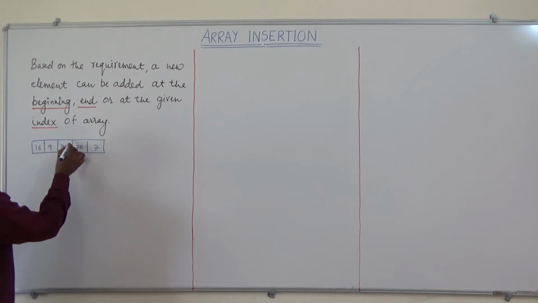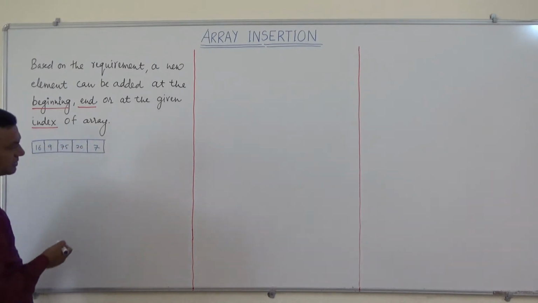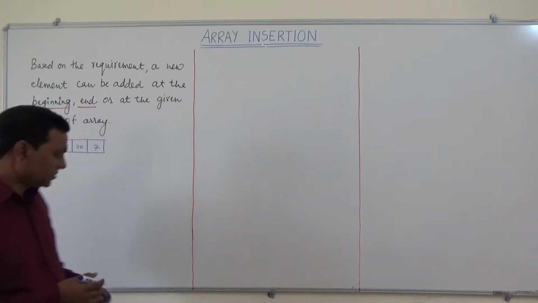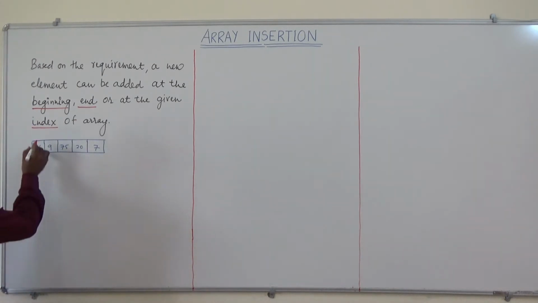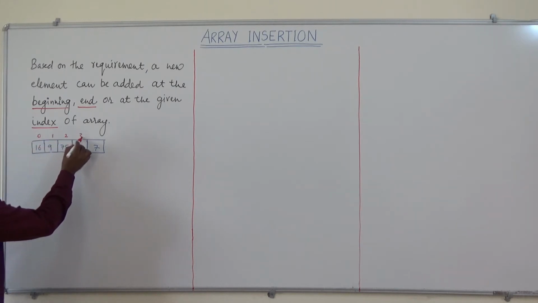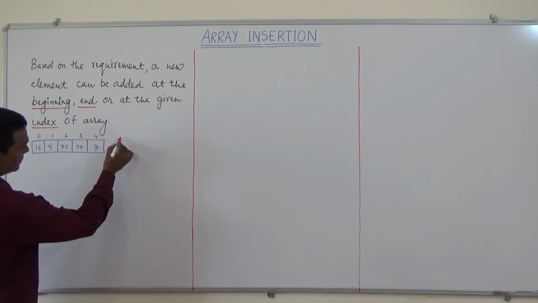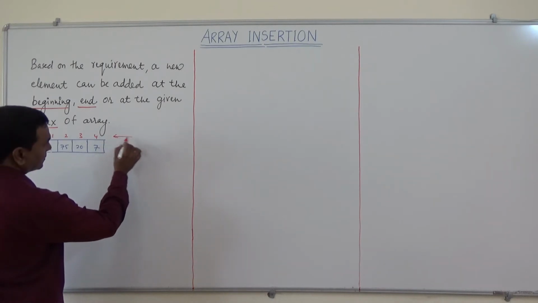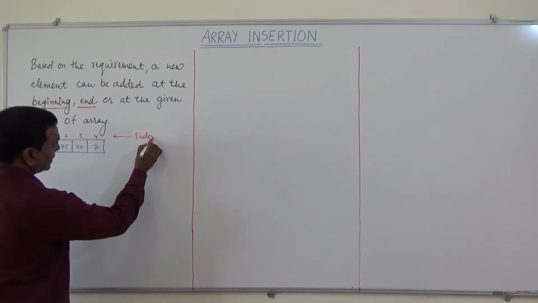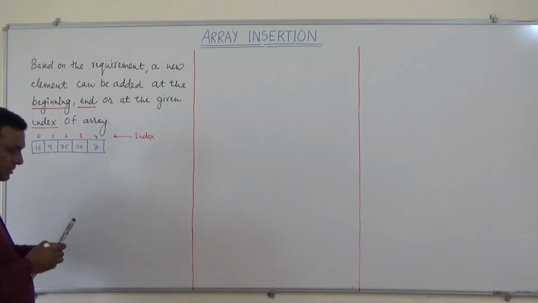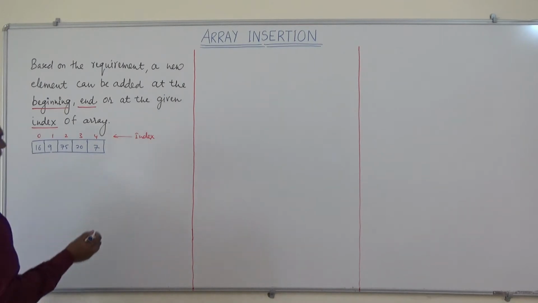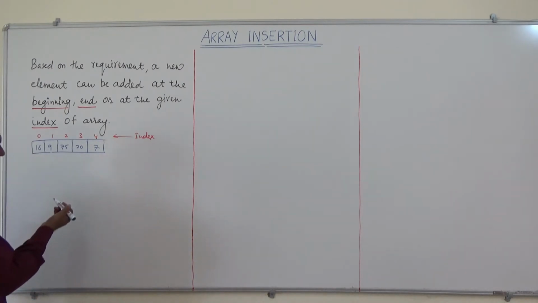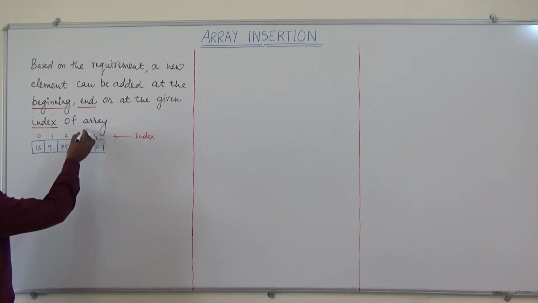So these are the 5 elements, and these are the indexes: 0, 1, 2, 3, 4. Now what do we want to do? We want to insert the element at this particular position.